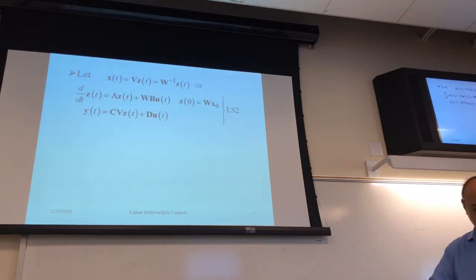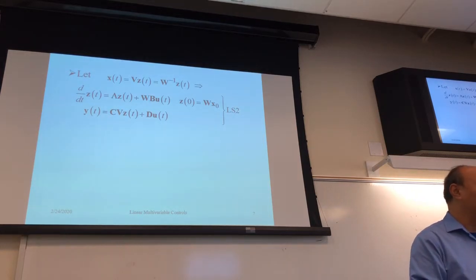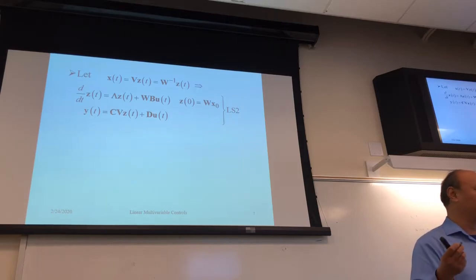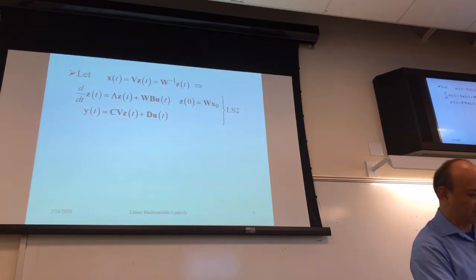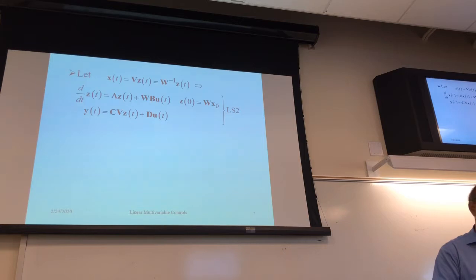You are going to see that this is nicely diagonal. By diagonal, it means there's no coupling between the coordinates. Make sense? So if a system can be diagonalized, then the control structure will be easier to design in the future.